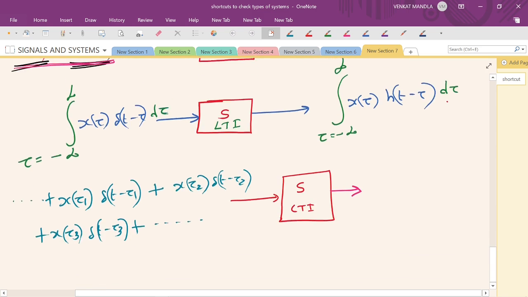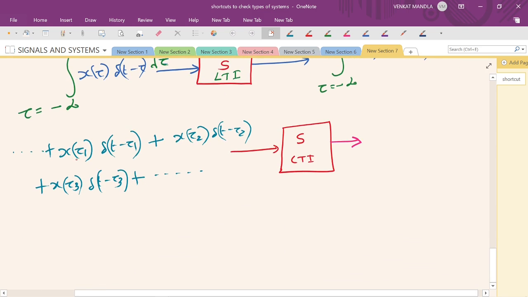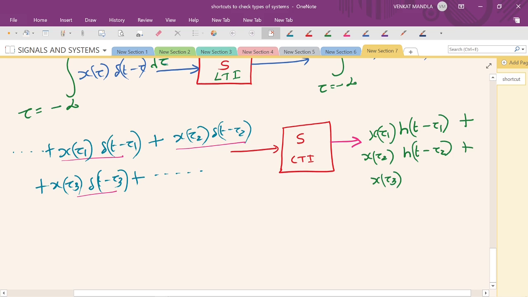So if you add some of these signals at the input, what do you get at the output? You get x of tau 1, a constant, let's say alpha 1, times h of t minus tau 1, plus x of tau 2 h of t minus tau 2, plus x of tau 3 h of t minus tau 3, and so on.